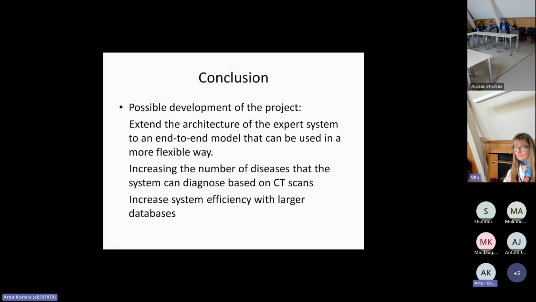As you can see from the results the system has achieved, it could certainly be used as a second opinion for a doctor. The system is able to draw attention to details that a doctor might have overlooked. As part of project development opportunities, I can extend the expert system architecture to an end-to-end model that could be used in a more flexible way.